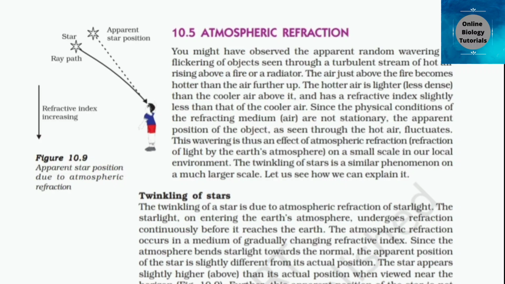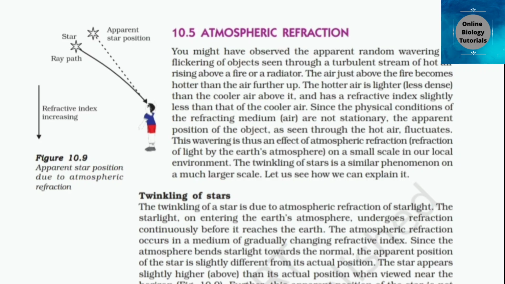Atmospheric refraction. You might have observed the apparent random wavering or flickering of objects seen through a turbulent stream of hot air rising above a fire or a radiator. The air just above the fire becomes hotter than the air further up. The hotter air is lighter, less dense, than the cooler air above it, and has a refractive index slightly less than that of the cooler air.